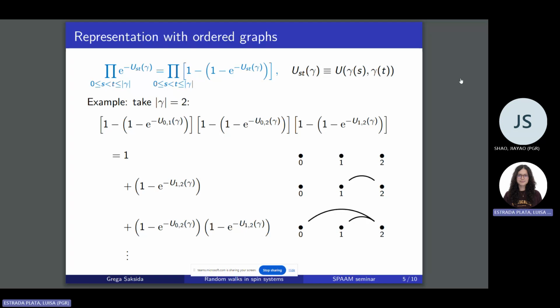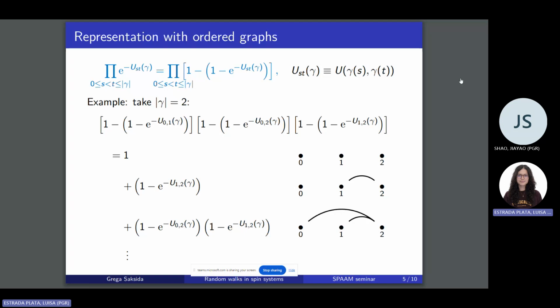And now what we can do is represent these terms using something called order graphs. These are still graphs, but not in the usual sense, because our graph has as many vertices as our walk has steps, and we have to order them linearly. Because we have this factor U with 1, 2, we represent this with an edge that goes from 1 to 2.